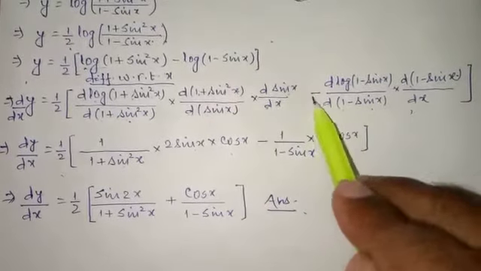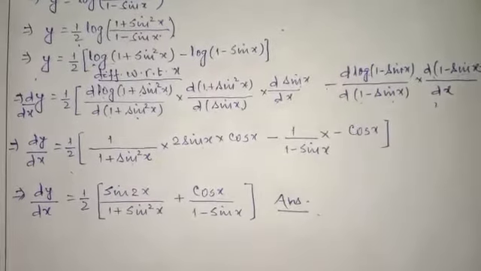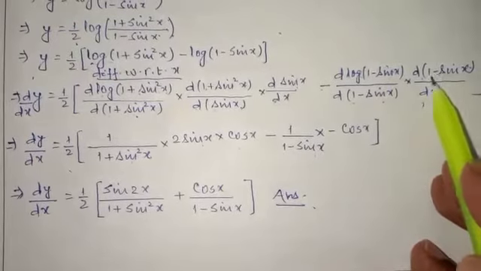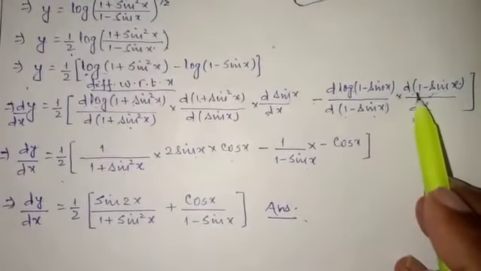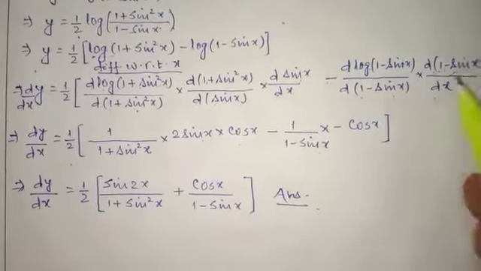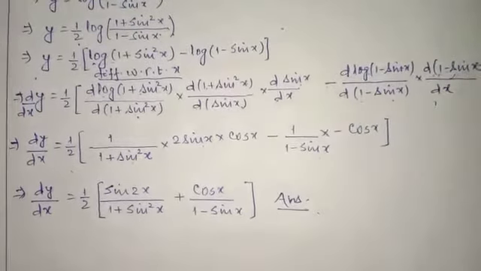In the next term, differentiation of log x is 1 by x, that is 1 by 1 minus sin x, and differentiation of 1 minus sin x: 1 is 0, and minus sin x means minus cos x.